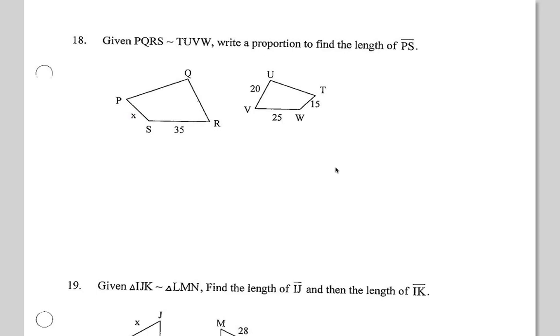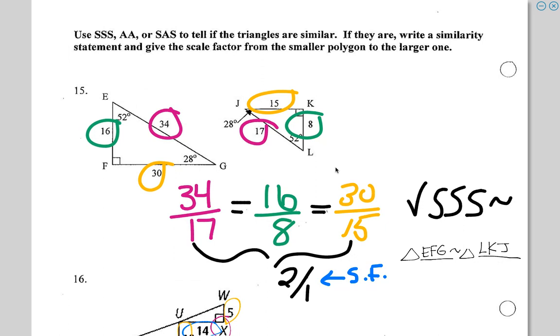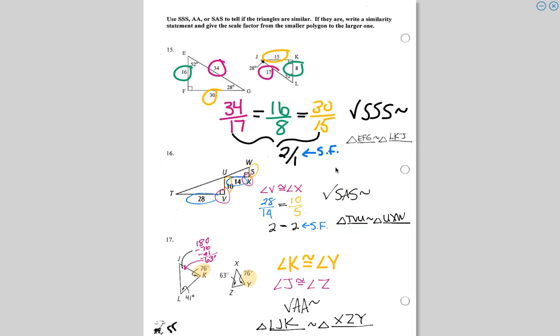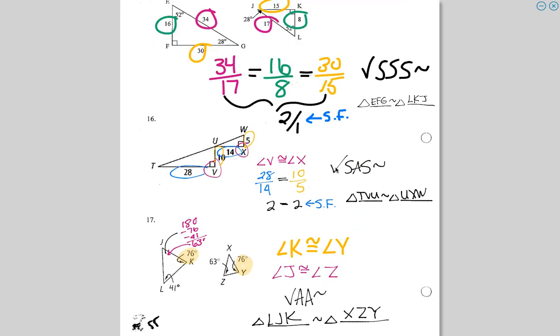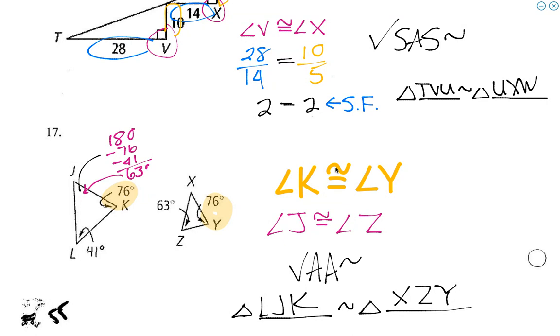Wait, I have a quick question about 17. Why wasn't angle L proportionate to anything? I know it was proportional to X, but why didn't we write it out? Angles aren't proportional, they're congruent. So L is congruent to X. We don't have to show three of them. It's angle, angle, not angle, angle, angle, like side, side, side is three S's. We only need to show two of them.